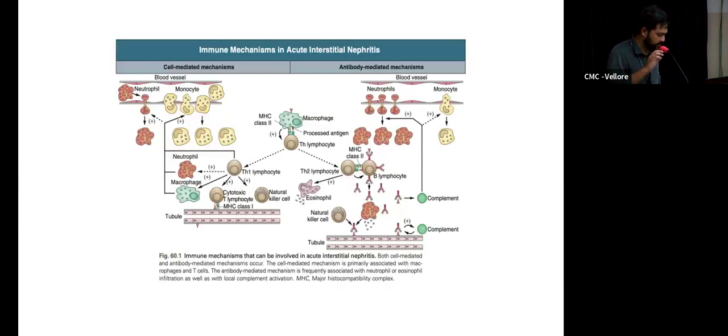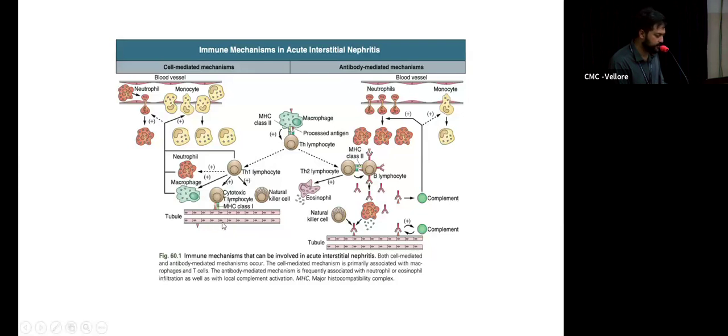The immune mechanisms can be both cell mediated as well as antibody mediated. As I mentioned, the MHC class 2 molecules on antigen presenting cells present the processed antigen to T lymphocytes, which undergo class change to Th1 and Th2 lymphocytes. Subsequently they recruit neutrophils and macrophages, and cause CD8 mediated damage to the tubule.